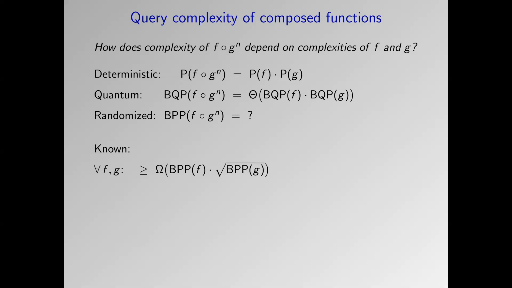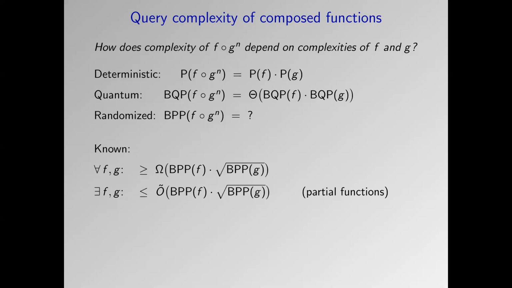We now know that for every f and g, the randomized query complexity of the composed function is at least the complexity of f times the square root of the complexity of g. And furthermore, this is essentially tight for some partial functions f and g. A partial function is allowed to be undefined on some inputs. These two results are very non-trivial. I'm omitting citations from the slide since you can find all the citations in the paper.